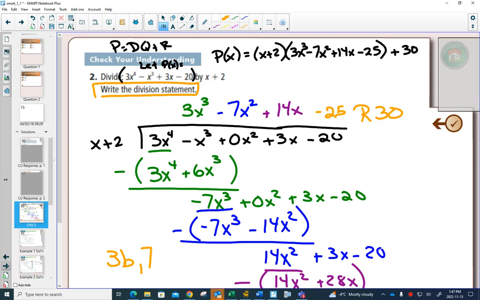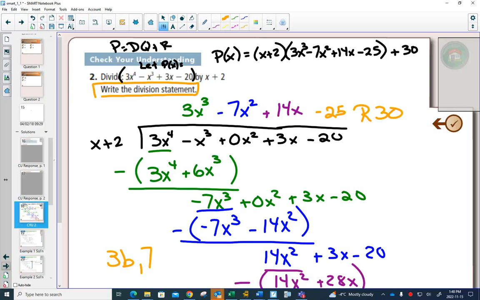And that is your division statement. And this is long division. Tomorrow, we learn a shortcut for long division. The Q. So the Q is the quotient.